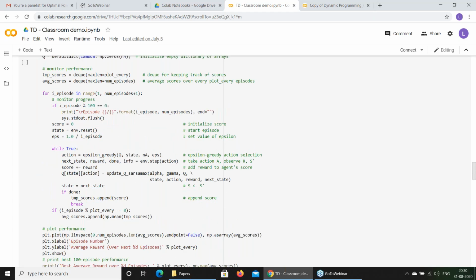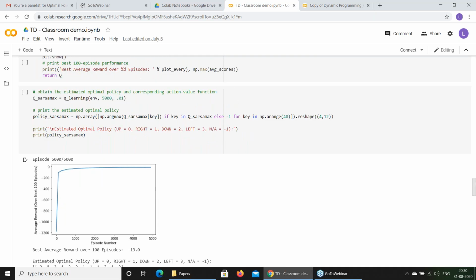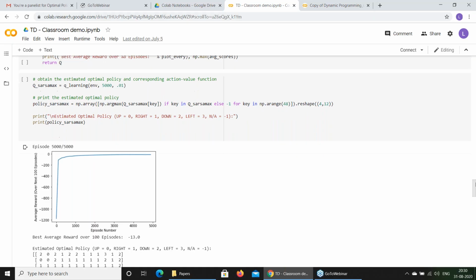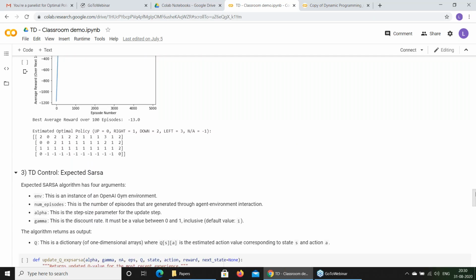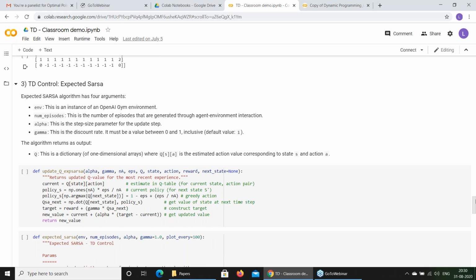Here also we run the code, then we check. Here also after a number of episodes, it attains the optimal policy, then it is stable, no further improvement happens. Then expected SARSA. Expected SARSA also we run.